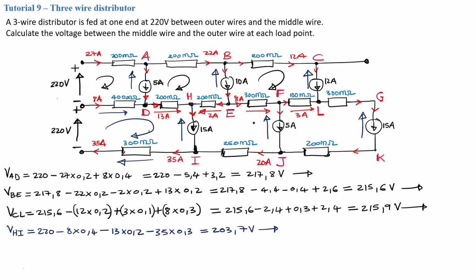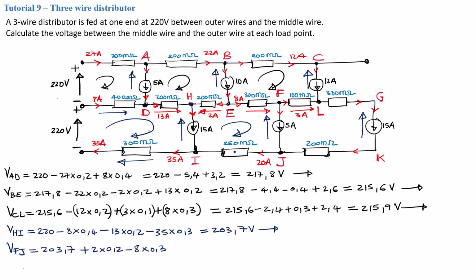So now the voltage across FJ, so that's going to be VFJ. That's going to be now from this point on here. So we found 203.7 minus, right? So that's our loop direction. So now here it's opposite direction, so it's going to be plus, okay, that's 2 amps, so it's 2 times 0.2, okay, and this is the same direction, minus 8 times 0.3.